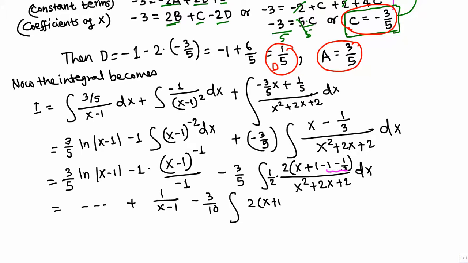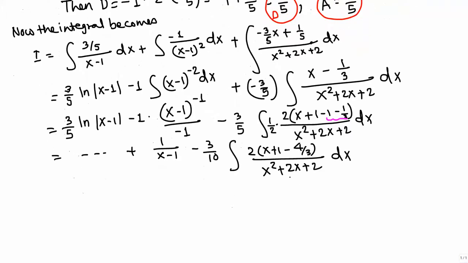Negative 1 minus 1/3 is negative 4/3 here, over x squared plus 2x plus 2 dx. Okay, so let's simplify. Now distribute, put x plus 1 together, because when we distribute, that's 2x plus 2, that's the derivative of bottom. Okay, let me write this and I'll come back.